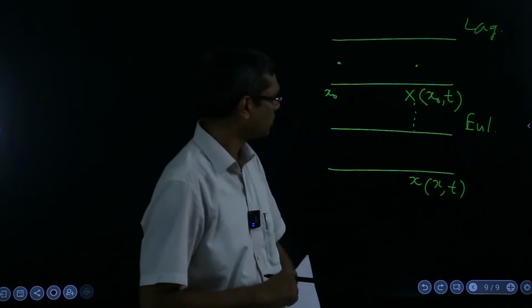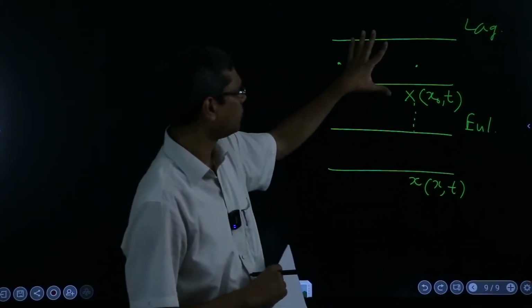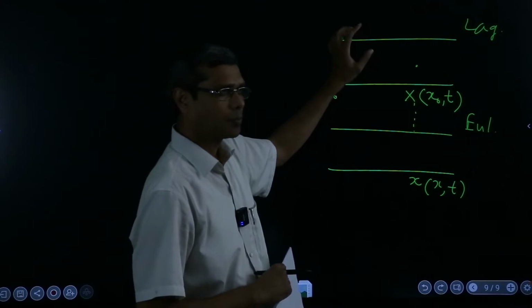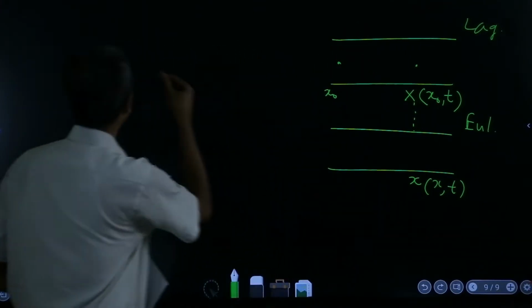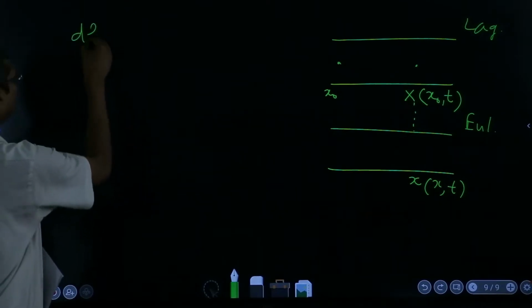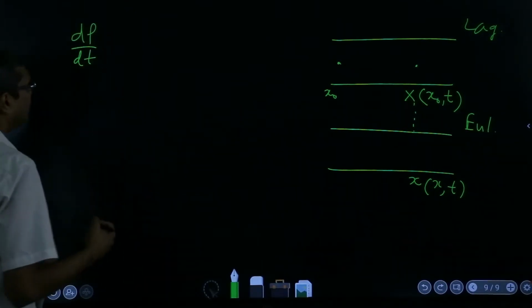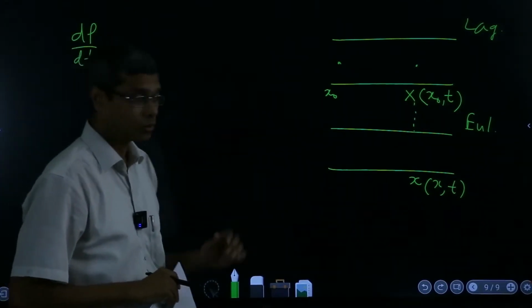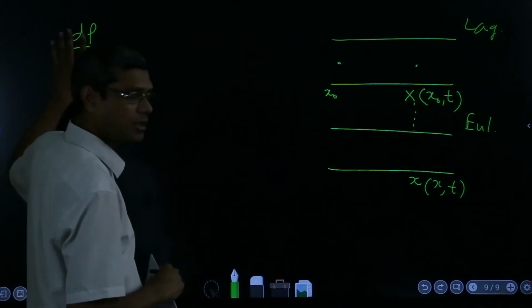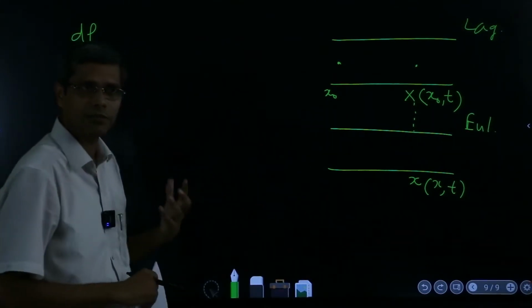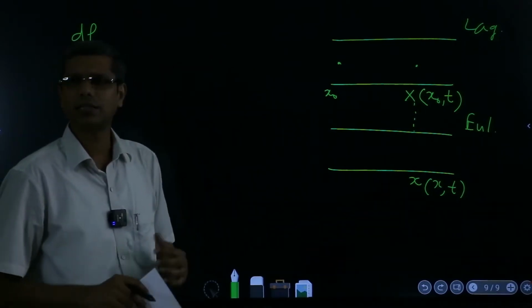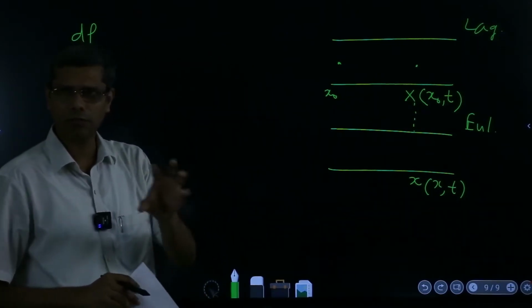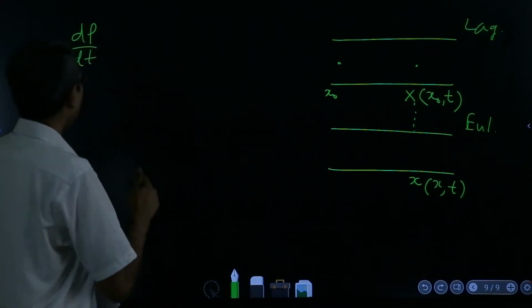The advantage of this view is that you can straight away say that d rho by dt in Lagrangian is actually the change of density with respect to time. If it is negative, you can say that the density of a particular volume of fluid is reducing.